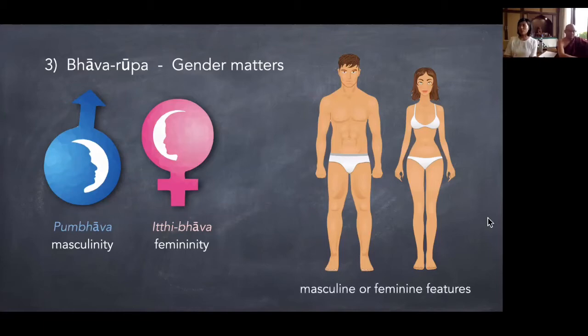So if you see these two hands, can you tell which one is a man's hand and which one is a woman's hand? Clearly, no? Quite obvious. Why can we say this is a male hand and this is a female hand?